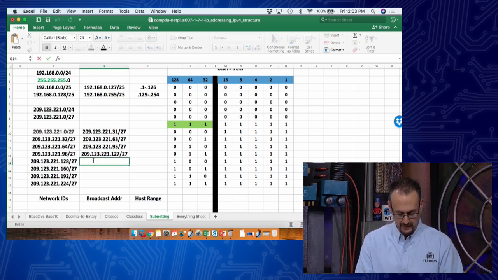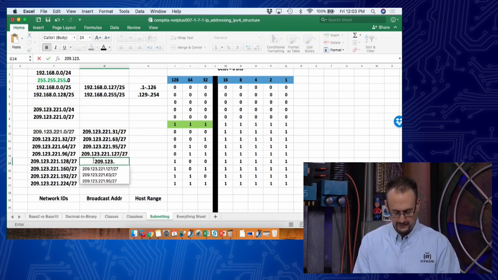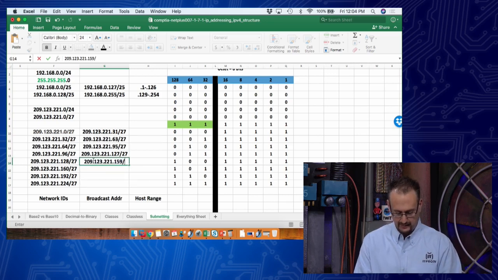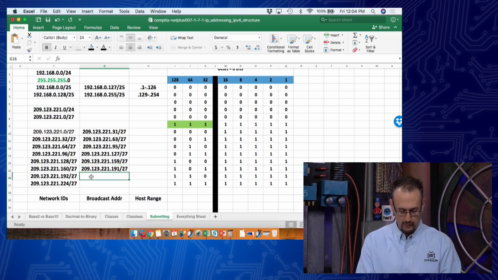All right, our next one, the broadcast address will be 209.123.221.159, and again, /27. Again, just moving down the list here, if you need to pause this, you need to compare those bits, and you actually want to add them up, by all means, go ahead. The next one is going to be .191 in the last octet for that broadcast address.